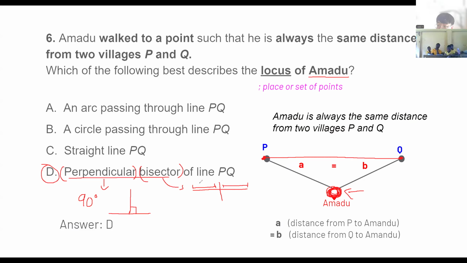So a perpendicular bisector means it divides PQ into two equal lengths, forming 90 degrees with the line PQ.